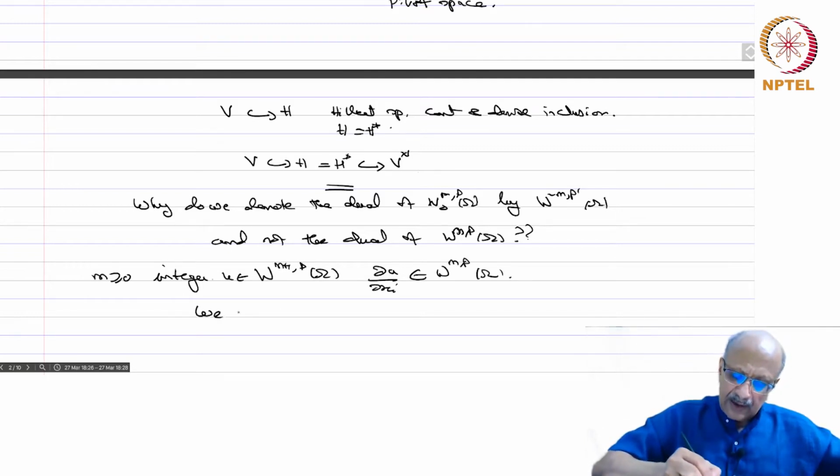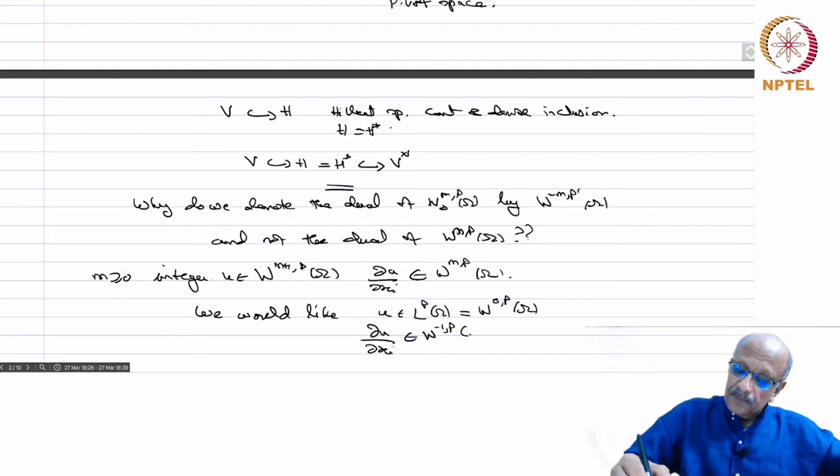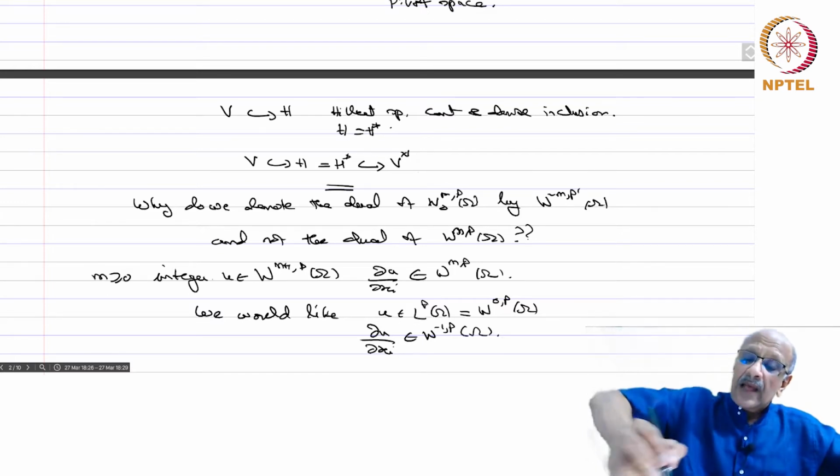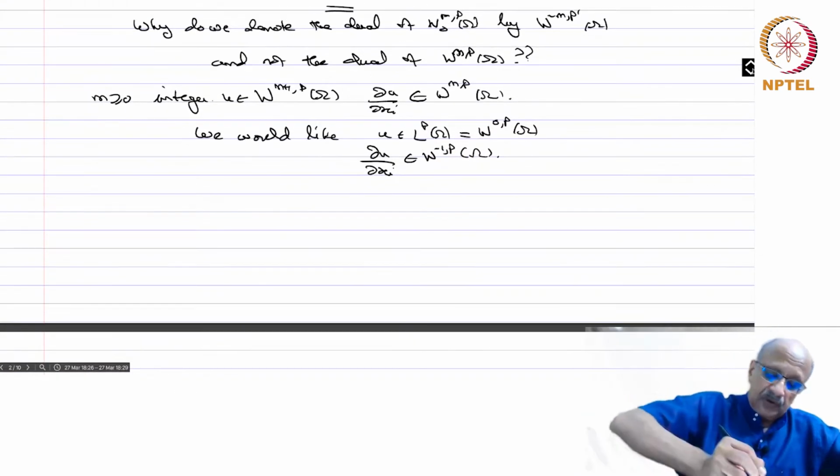So we would like, if U is in LP of omega, which is W0P of omega, then du by dxi should belong to W minus 1 P dash of omega. Okay, we want this to happen. Now this will happen only with the definition which we have given, as the following proposition will prove.